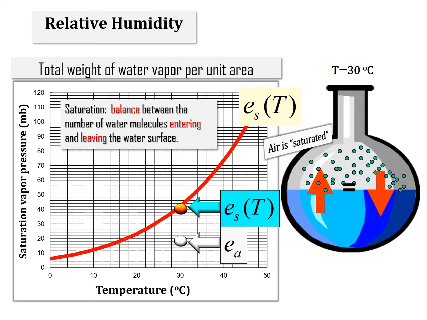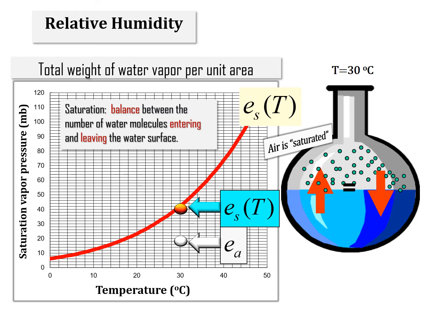If the actual water vapor in the air produces a vapor pressure below this curve, the air is not saturated.